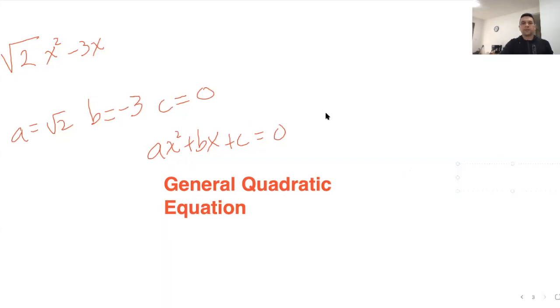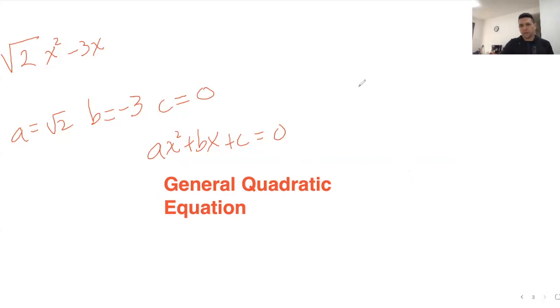And then like I said before, you have to use different methods: factorization, completing the square, or the quadratic formula. But regardless of which method they ask you to use, you can always rely on the quadratic formula.